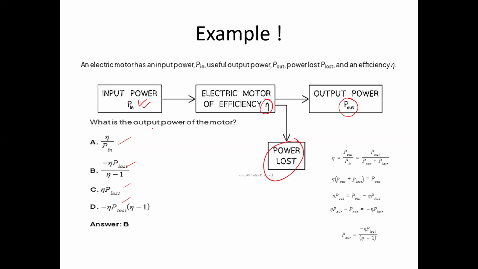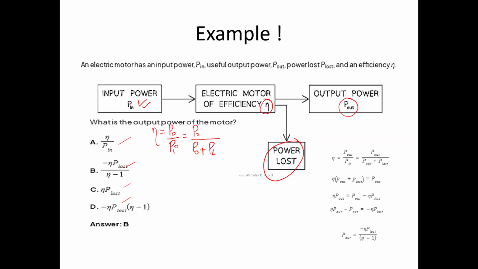We know efficiency is equal to what? It is equal to output power divided by input power. And output power divided by input power will be equivalent to what? The output power over the input power, and we know input power is made up of both the output power plus the power which is being lost.